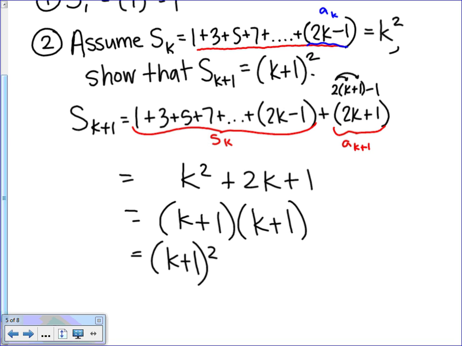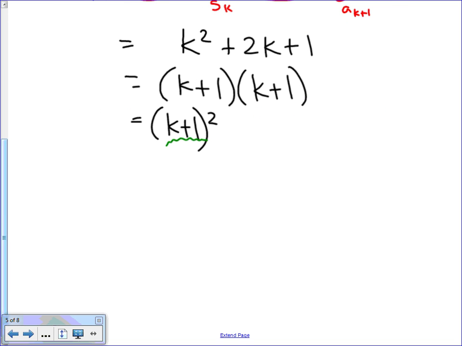I wanted to prove that if this formula was in fact true for k squared, that it was true for k plus 1 squared. So this statement matches this statement right here. I just completed my proof. So I'll make one final statement where I say something like, thus the statement is true for all positive integers.